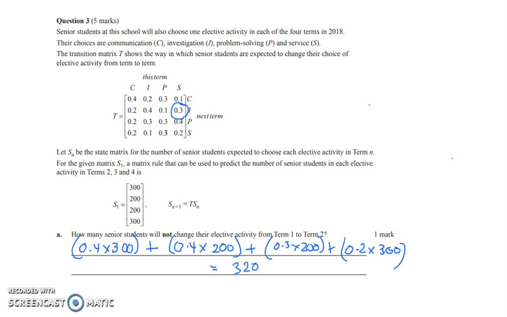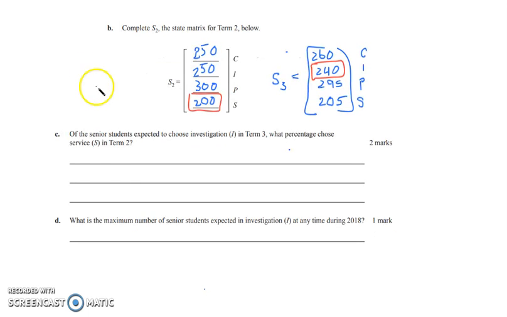So we need to find out what 30% of this is. We can do a simple calculation of 200 times 0.3, because that is 30% as a decimal. And this would calculate to be 60 students going from S to I.